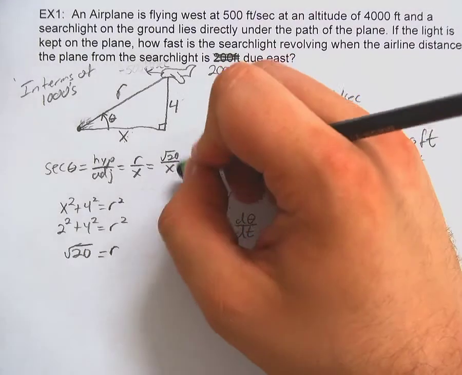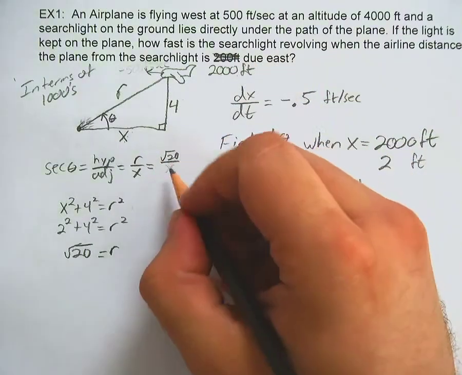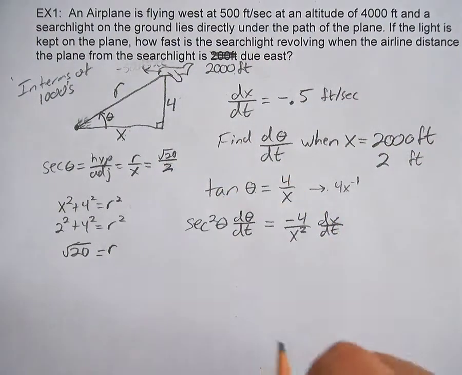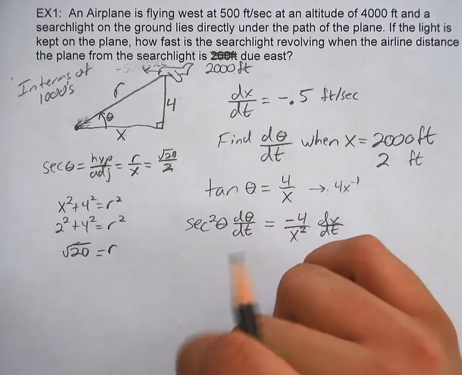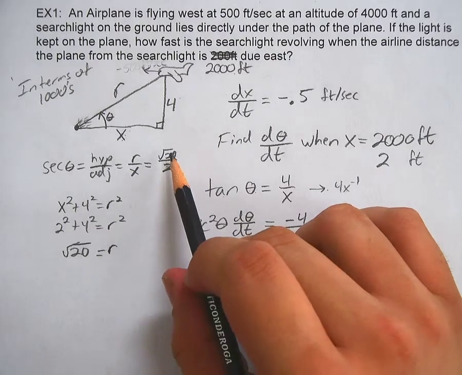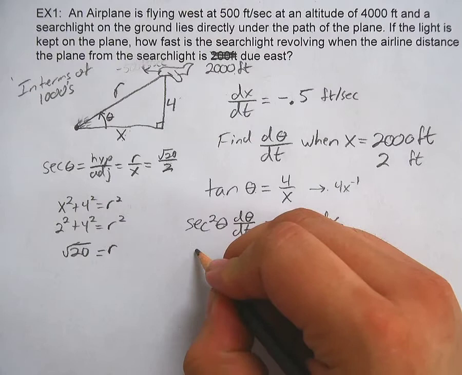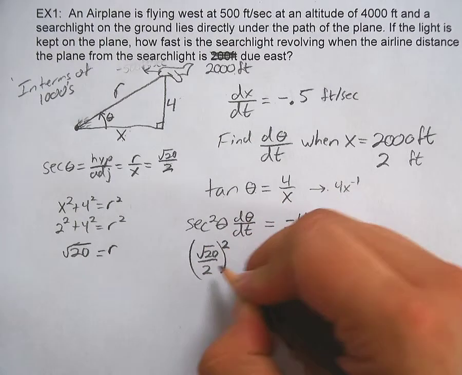Now, I'm sorry, on this particular time, instead of x, we have 2. In this particular moment, it's the square root of 20 over 2 because we're doing a snapshot at this instance. When x is 2, r is the square root of 20. So there's your secant. So I'm going to plug that in here. Square root of 20 over 2 squared for secant squared.